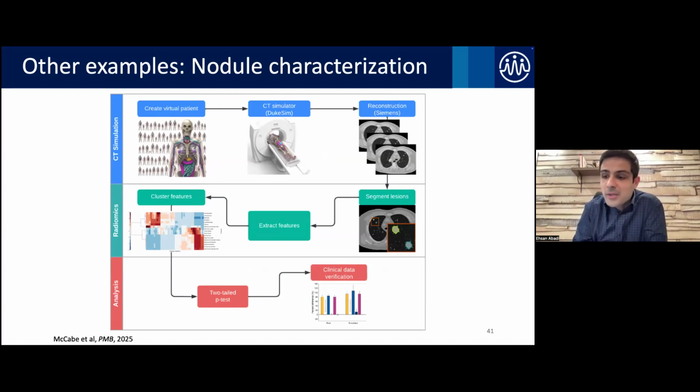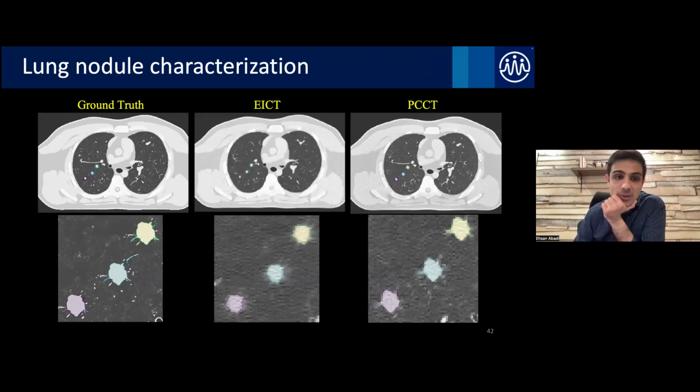I mainly talked about lung density quantification just as an example, but that doesn't mean our tools can't be applied elsewhere. One idea was nodule characterization. Radiomics is very important. We know how much it can characterize specific attributes of lesions, growth, spiculations, and so forth. So we can study how different CT systems or conditions would impact those accuracies.